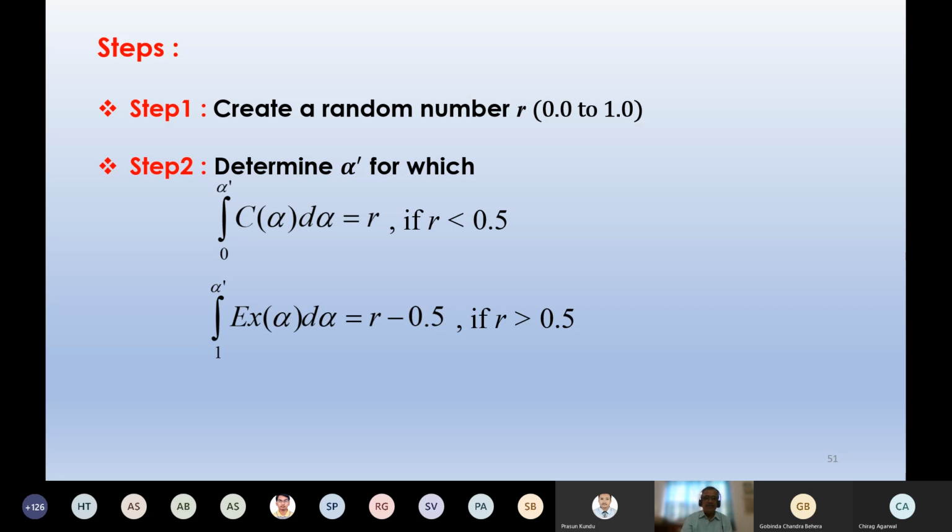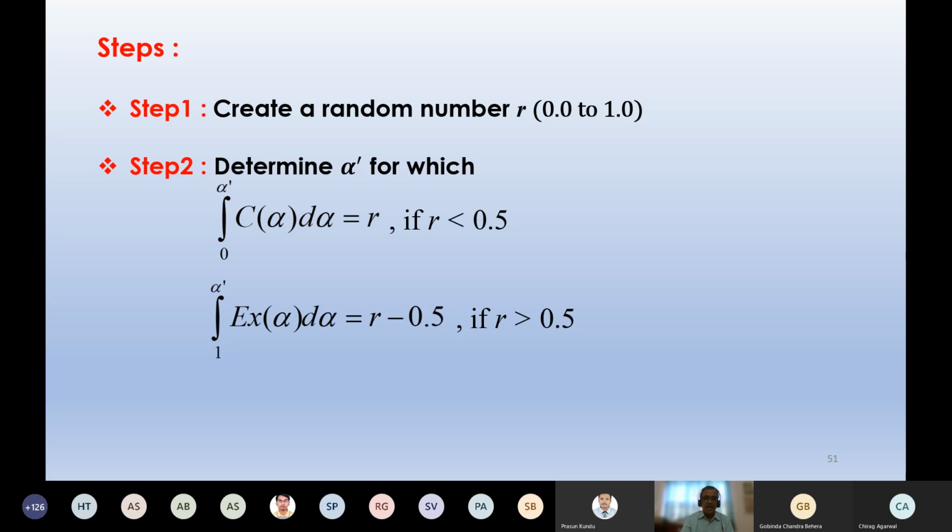Supposing that R is found to be less than 0.5, say 0.4 or 0.3 or 0.2. Then we can find the integration from 0 to alpha prime of C(alpha) d alpha equal to R, and I can determine a particular value for this alpha prime for which the area under this curve will be equal to R. All of you know this is in the contracting zone, so alpha will be less than 1.0.